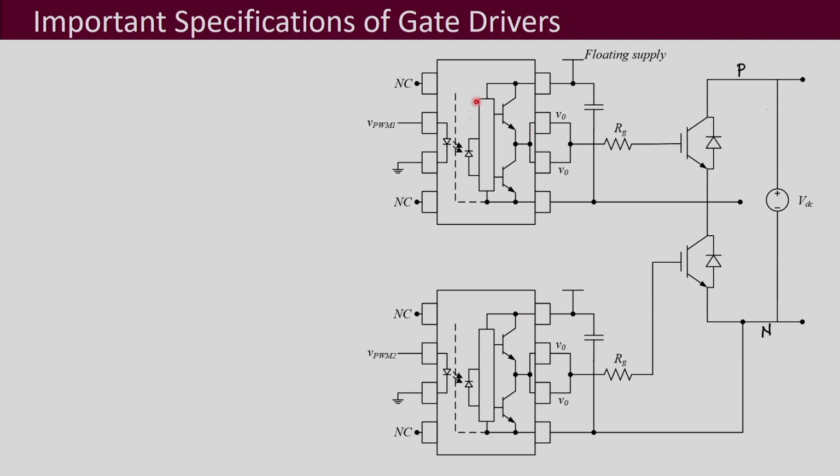Now what are the important specifications that you should be looking for when choosing this gate driver? The first one is of course your peak output current. Second is the switching speed.